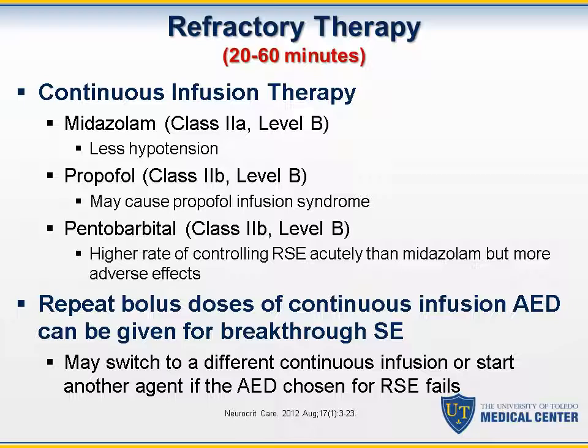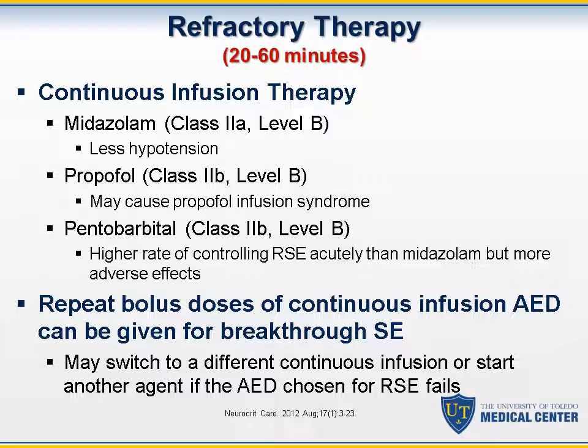Propofol may cause propofol infusion syndrome with long durations of infusions at high doses. And pentobarbital does have a higher rate of controlling RSE acutely than midazolam, but it has more severe adverse effects and is a very costly medication, so it would likely be best to consider other agents before resorting to pentobarbital.